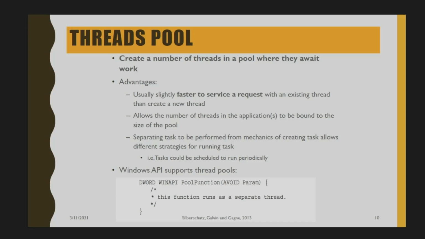It means we have one pool, and in the pool we have multiple threads. So threads are created at process startup, and after they are created, we place them into the pool. So what does the thread do? It will sit there and wait for work.